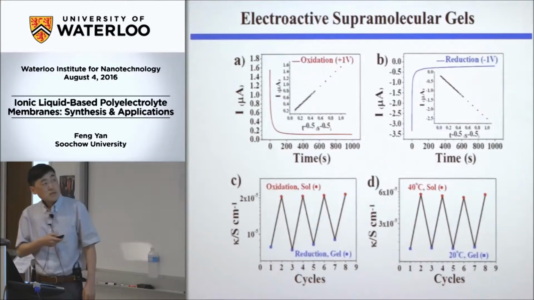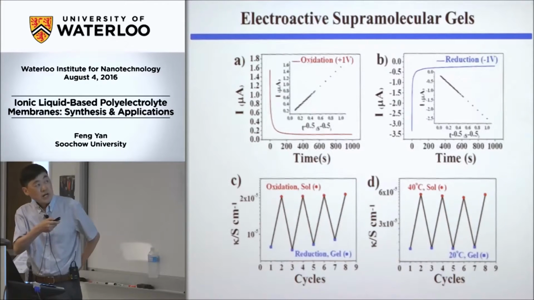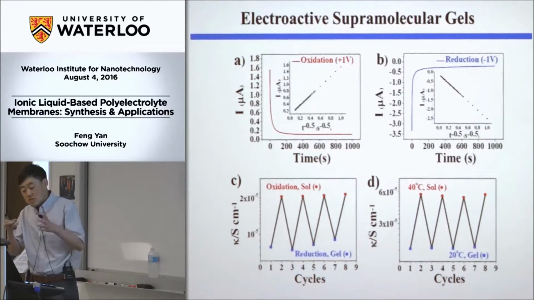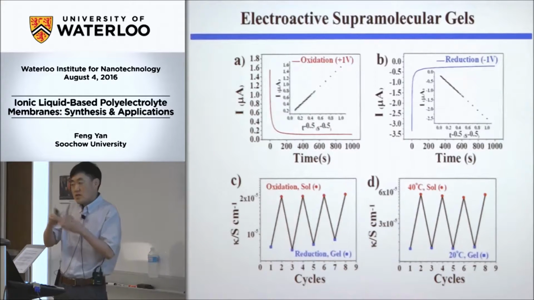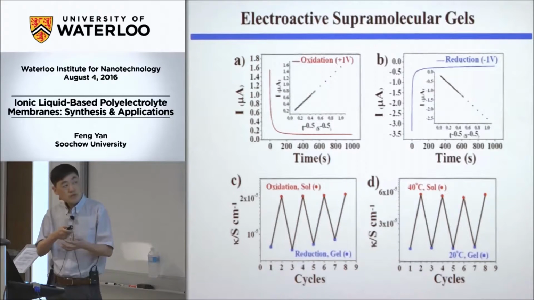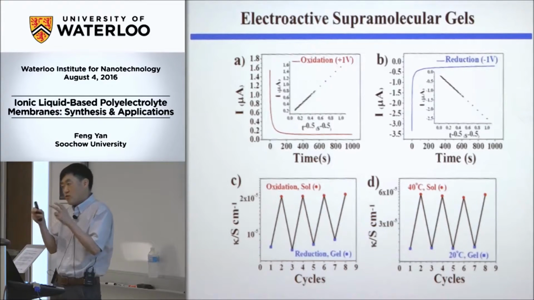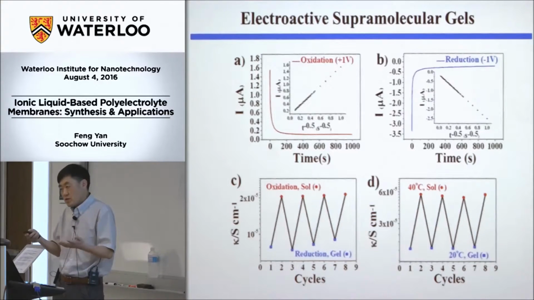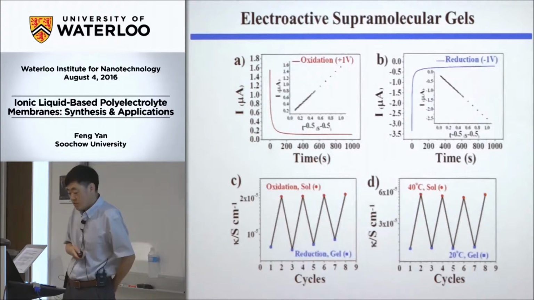And here you can see if you oxidize, the ferrocene part will be oxidized, and then it comes out from the beta CD. And if it is reduced, it enters the beta CD again to form the gels without changing the composition of the system.